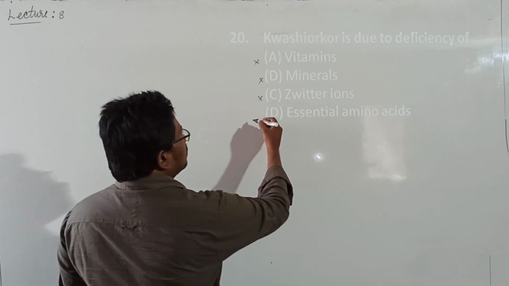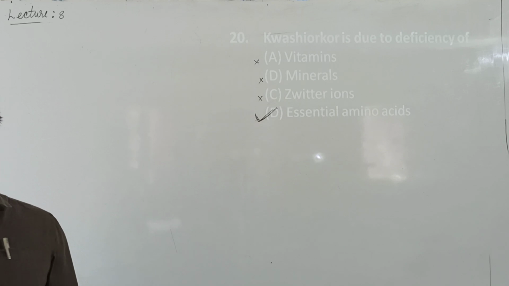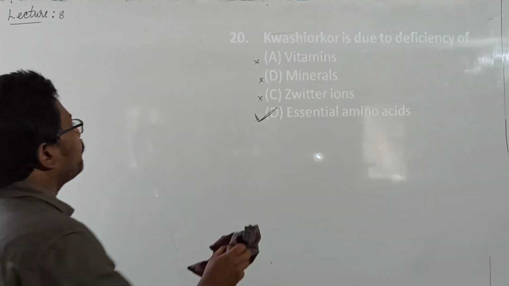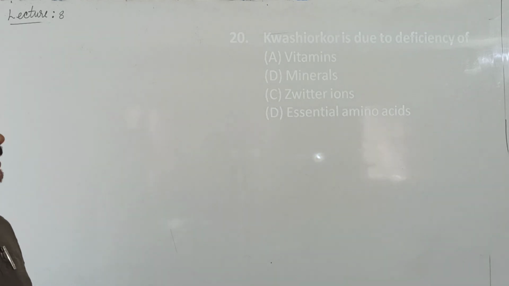It is due to deficiency of those essential amino acids which we need to take through the diet. So option D is the right one in this case.